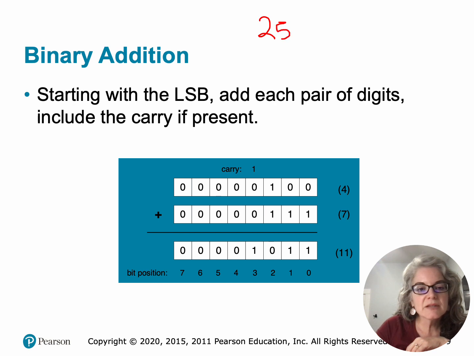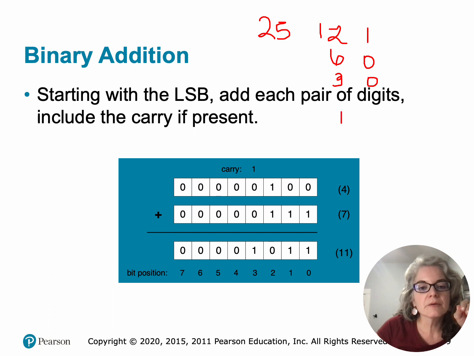We said we're going to take the 25 and divide it by 2. 25 divided by 2 is 12. 12 plus 12 is 24 with a remainder of 1. 12 divided by 2 is 6 with a remainder of 0. 6 divided by 2 is 3 with a remainder of 0. 3 divided by 2 is 1 with a remainder of 1.